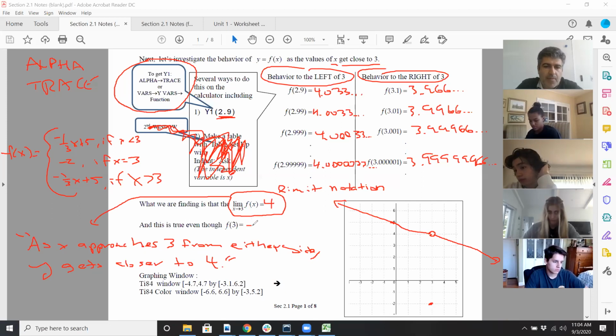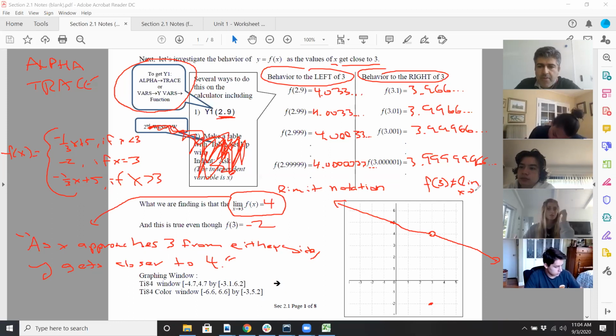It was -2. So apparently, f of 3 does not equal our limit as x approaches 3 for f of x.